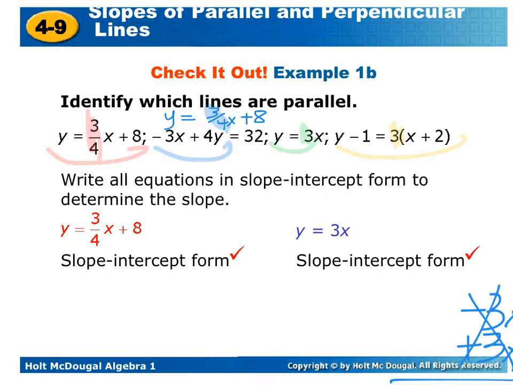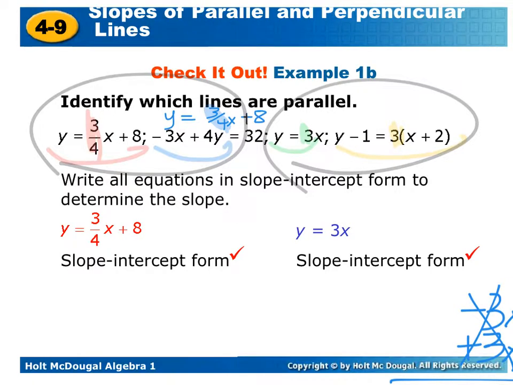They're all, but not to each other. So which ones are parallel to each other? Which colors? The red and blue and the green and yellow. Good. Red and blue together, because they both have 3/4, and then green and yellow.